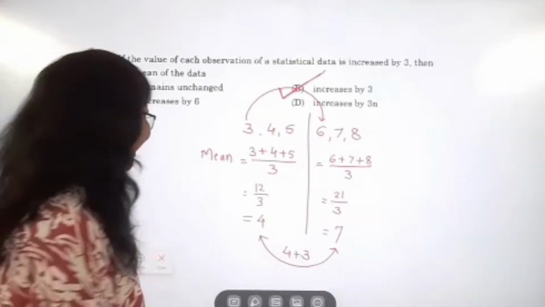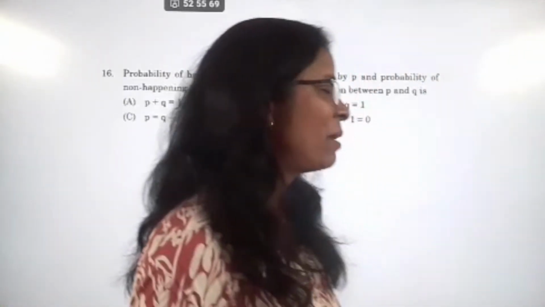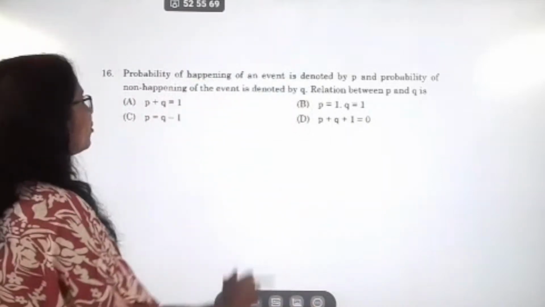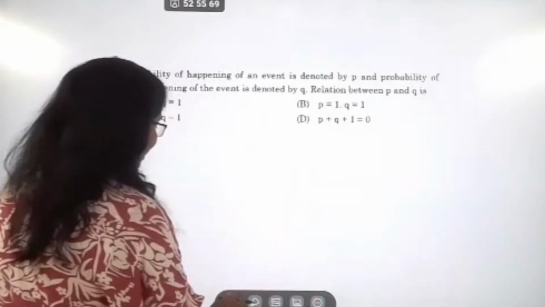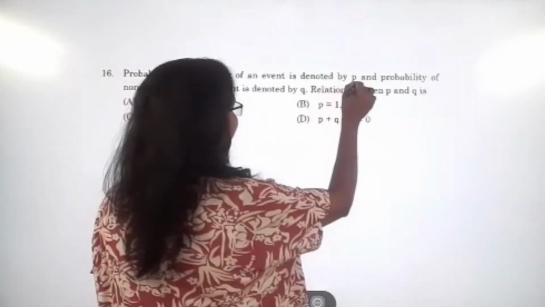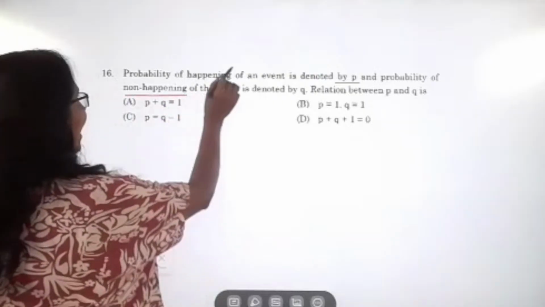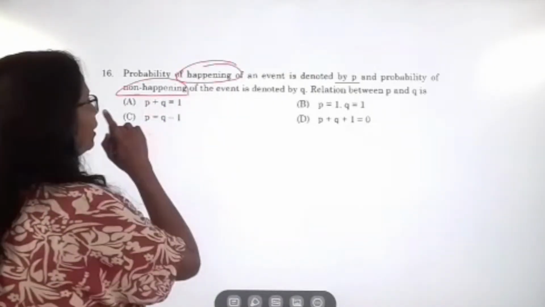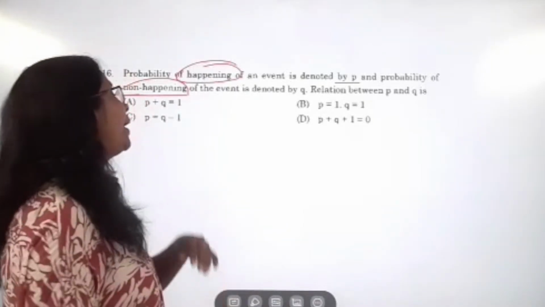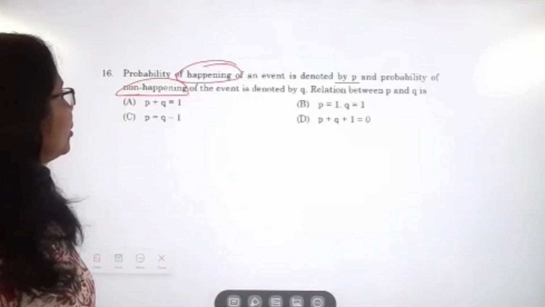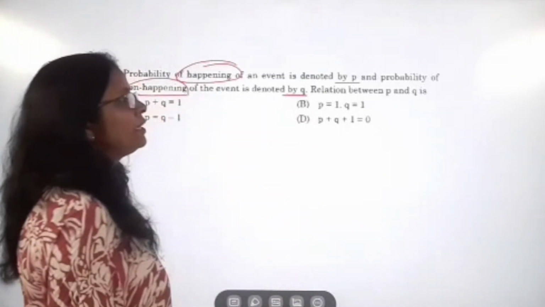Okay students, then the next example. The probability of happening of an event is denoted by P, and the probability of non-happening of the event is denoted by Q. So what is the relation between P and Q?